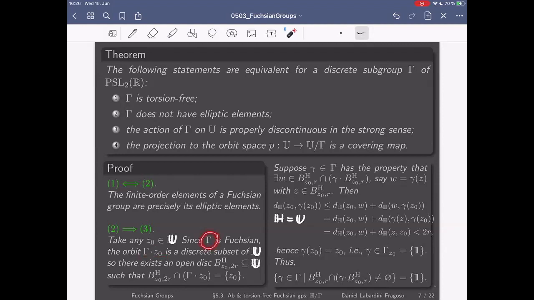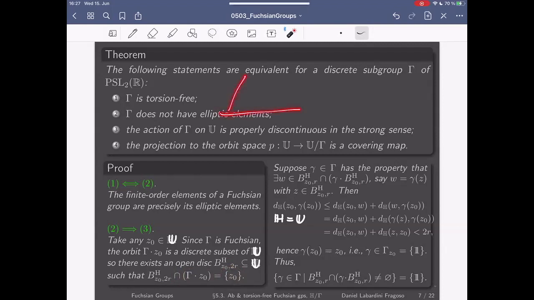Since Gamma is a Fuchsian group, the orbit of that point is a discrete subset of the upper half plane, and then there exists an open disk in the upper half plane centered at that point with some radius, which we call 2r here because we will use r later, such that this open set only intersects the orbit in the single point.